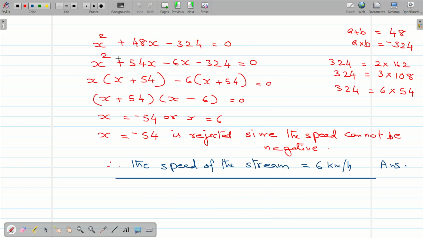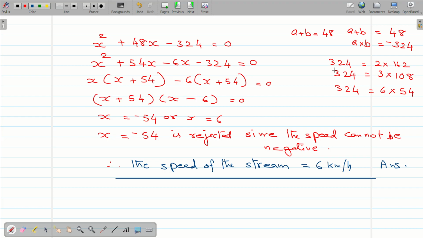x squared plus 48x minus 324 equal to 0, either by quadratic formula or by splitting the middle term we can simplify this. In this, a plus b is the sum of the numbers, which will be plus 48, and the product of the two numbers must be a into b, that is minus 324.